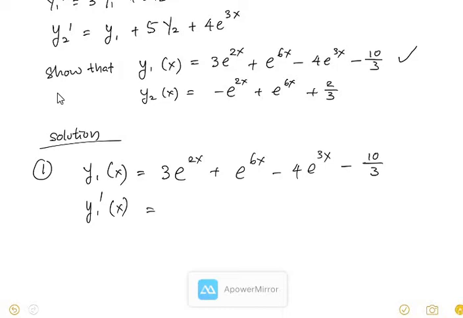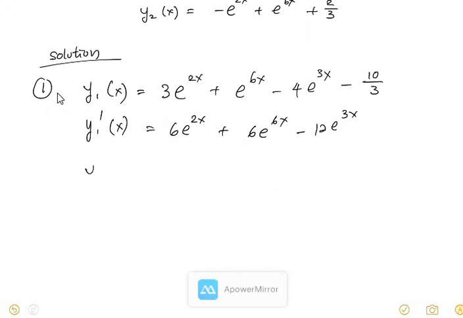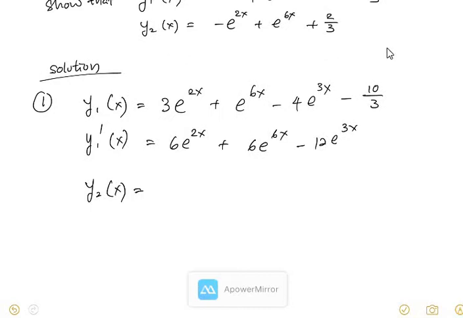So y1 prime equals 6e^(2x) plus 6e^(6x) minus 12e^(3x), since 3 times 4 is 12. Then y2(x) is negative e^(2x) plus e^(6x) plus 2/3.